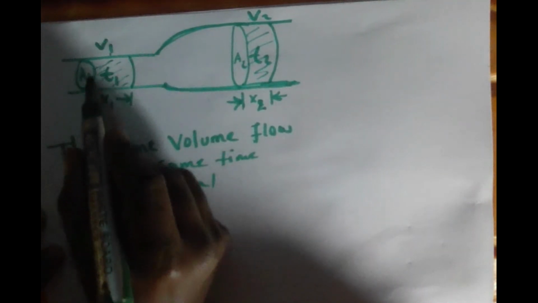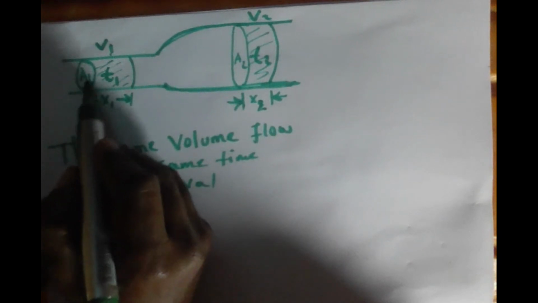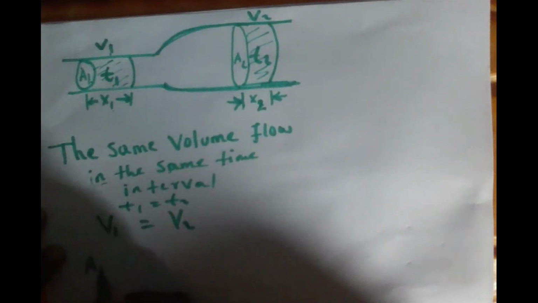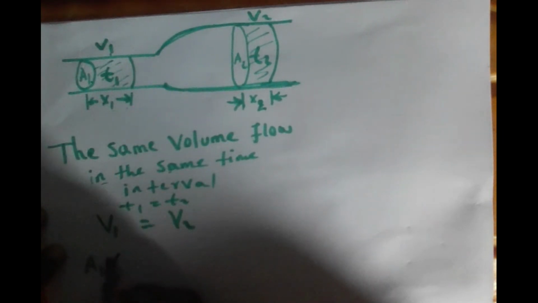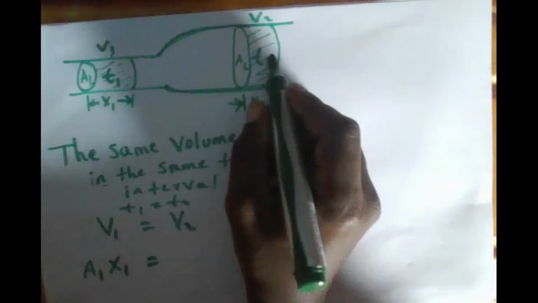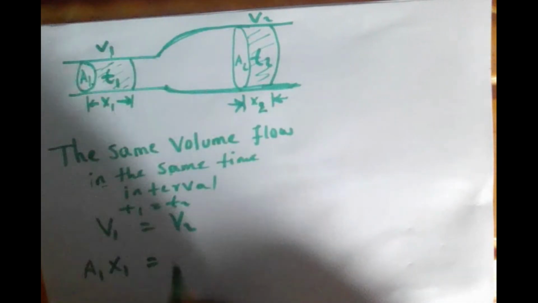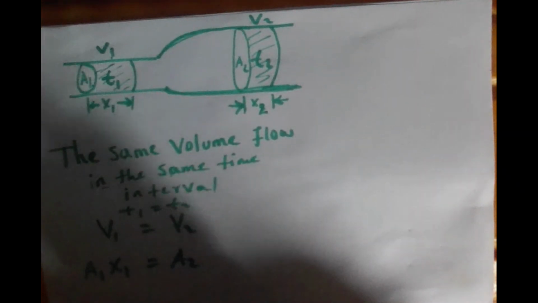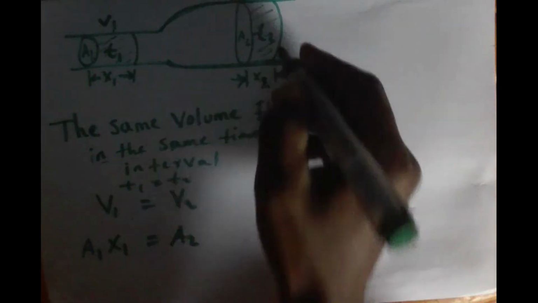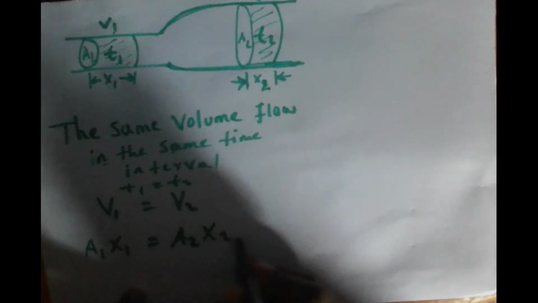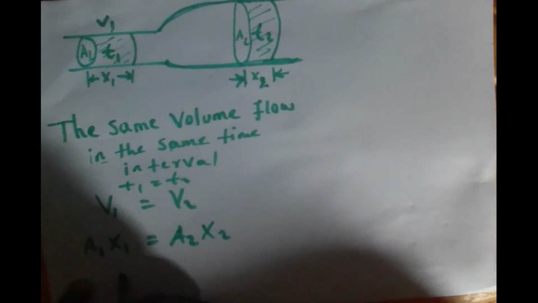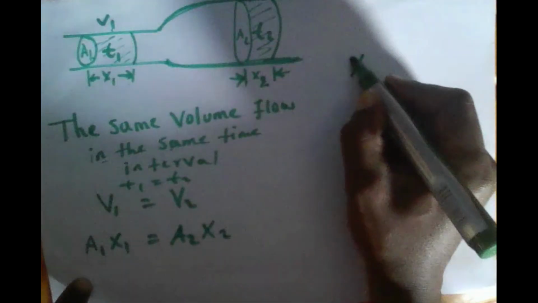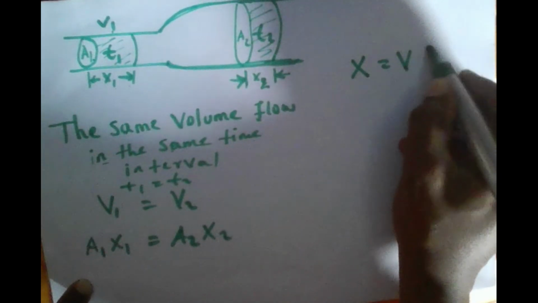Therefore, volume 1 is calculated as area 1 multiplied by x1. And the second volume is calculated as area 2 multiplied by x2. So area and x1, we know that distance is measured as v times t.